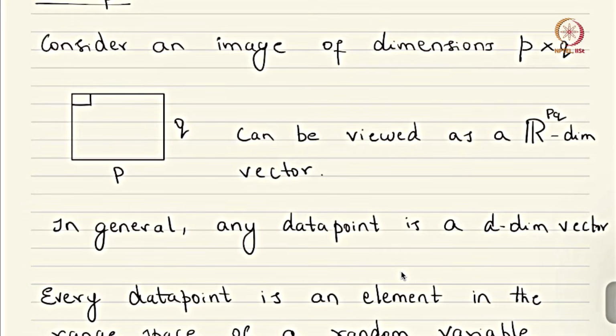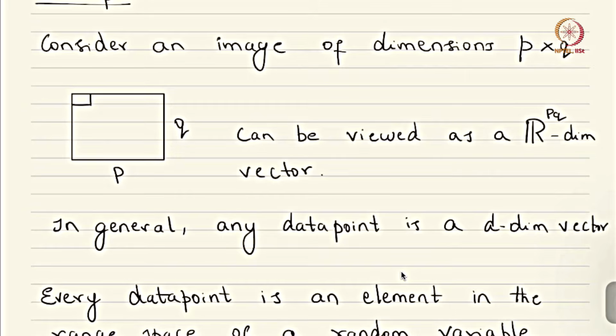So you get pq number of pixels, so you take pq as your D. So an image is converted into a D dimensional vector. You are not mapping it, you are viewing that as a pq dimensional vector, that is it.